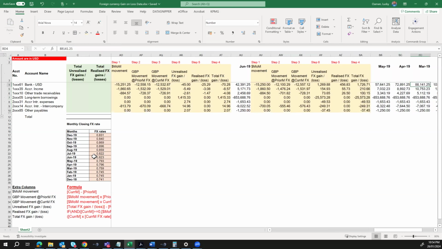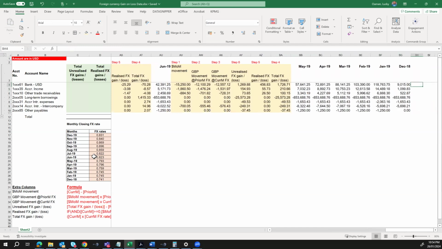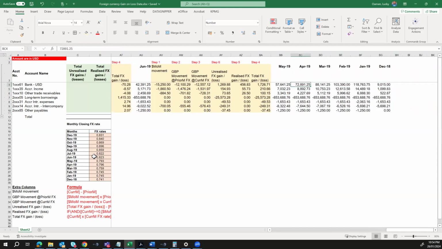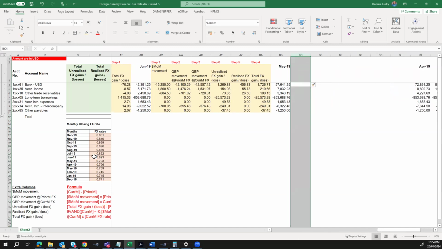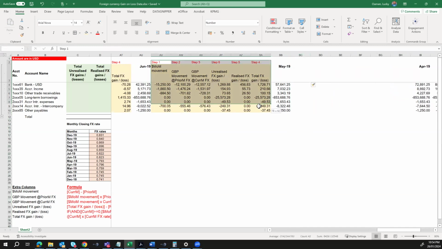That's being calculated. So I'll do a similar thing for March and April. Sorry, May and April. Copy my formula steps 1 to 6.